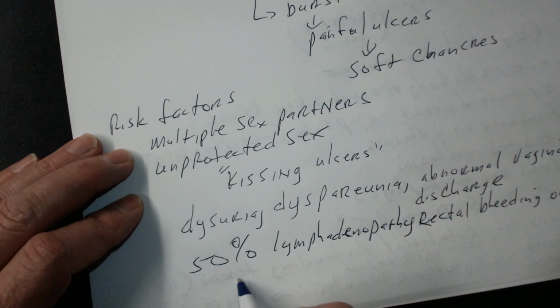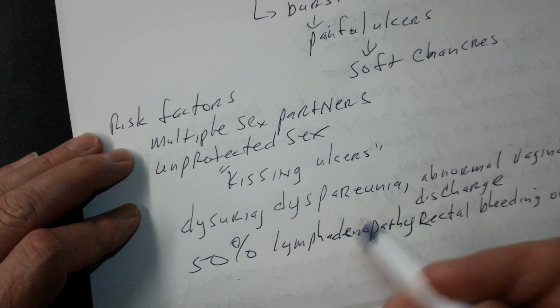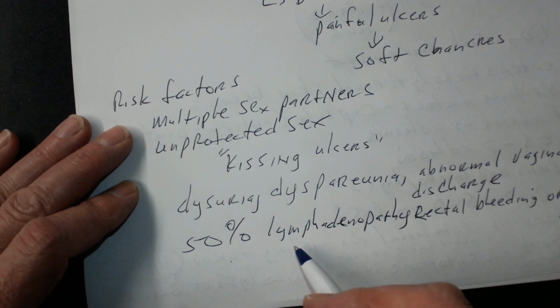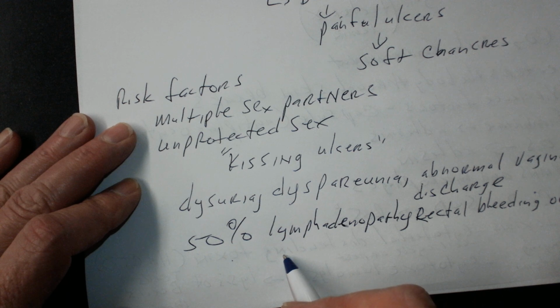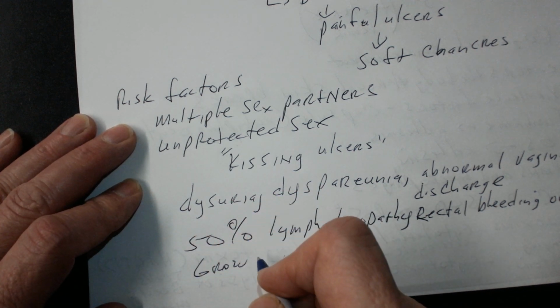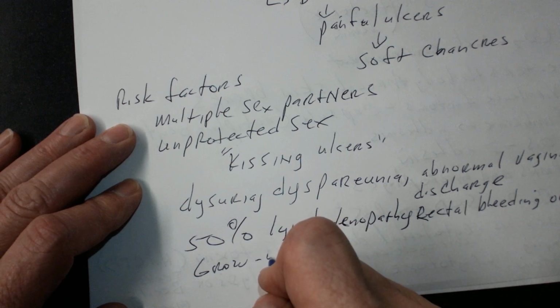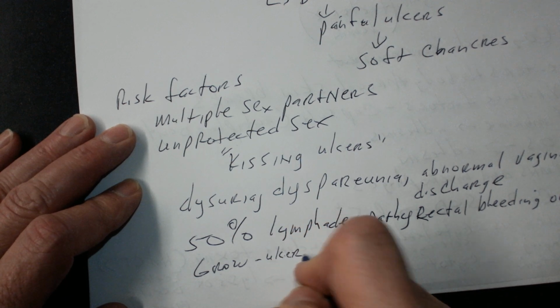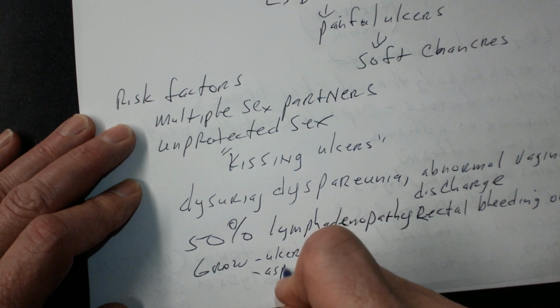So chancroid is diagnosed usually on the basis of the ulcers and adenopathy. You can grow the organism from an ulcer or an aspirate from the lymph node.